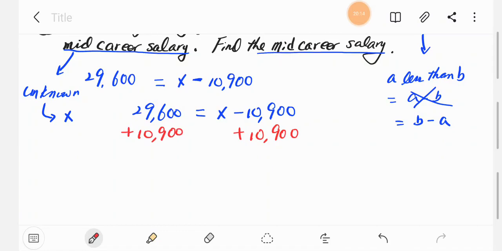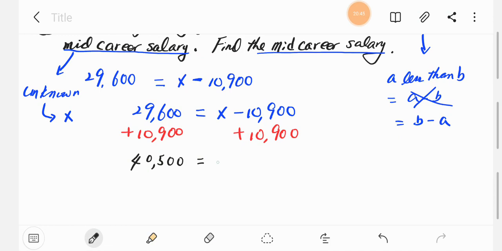I will write the number below each side, on the second line, so it is much easier to calculate, right? So the left side is the sum of these two numbers: 0, 0, 6 plus 9 is 15, so 1 up. 9 plus 1 is 10, so 0 and 1 up. 2 plus 1 is 3, plus 1 is 4.